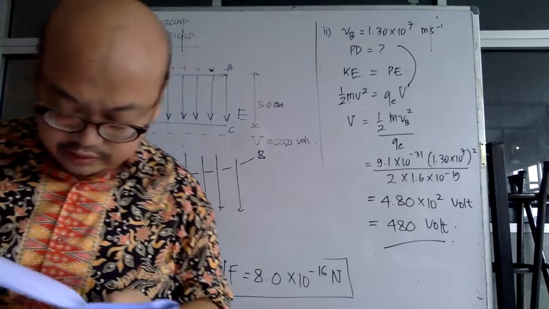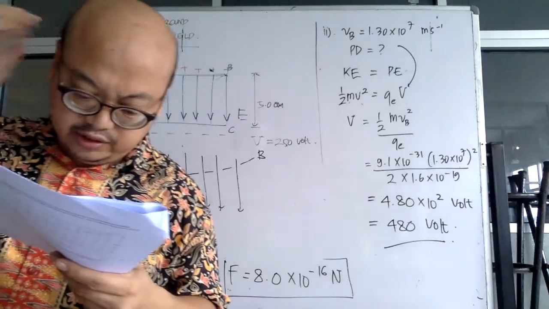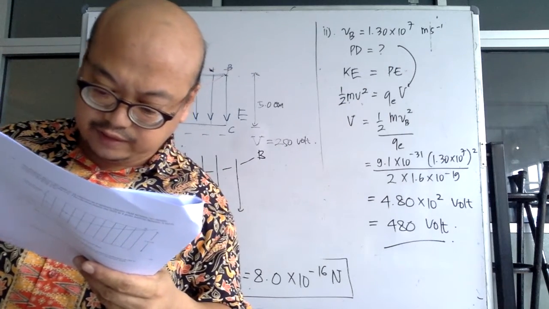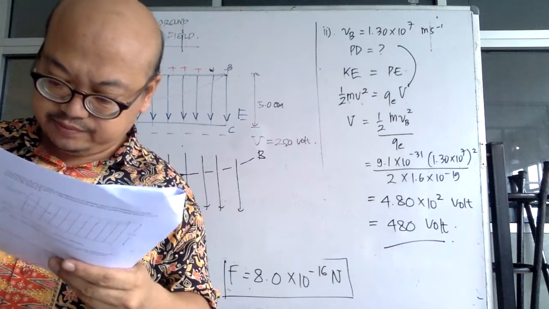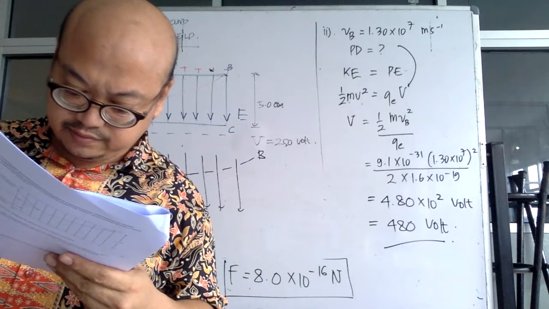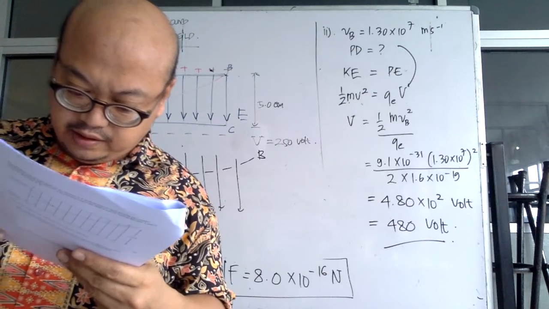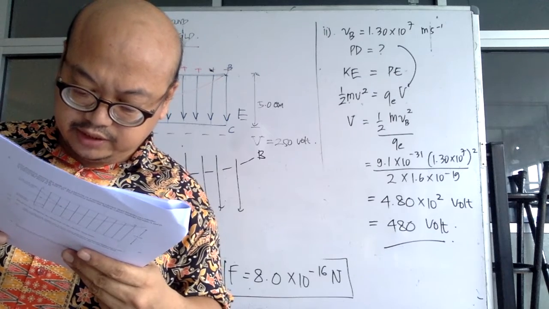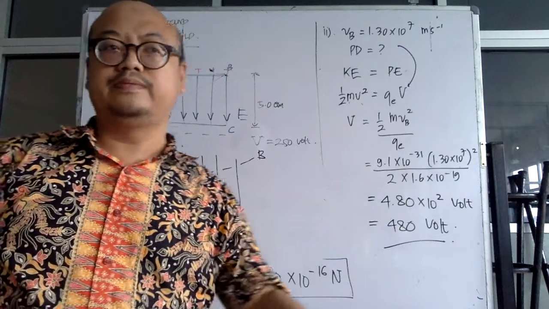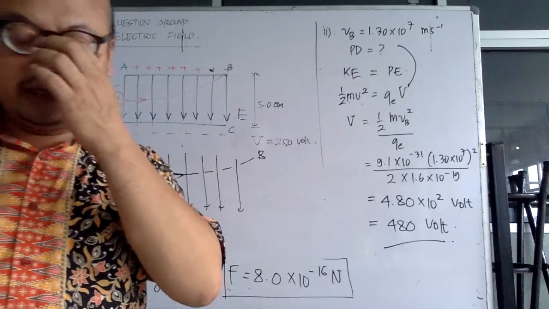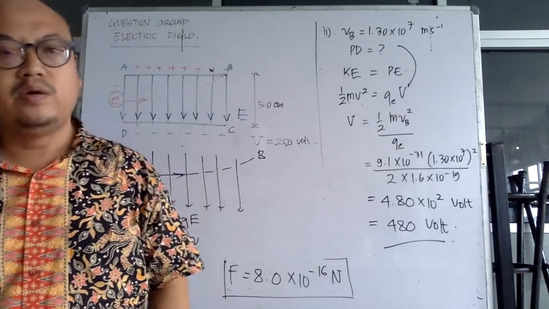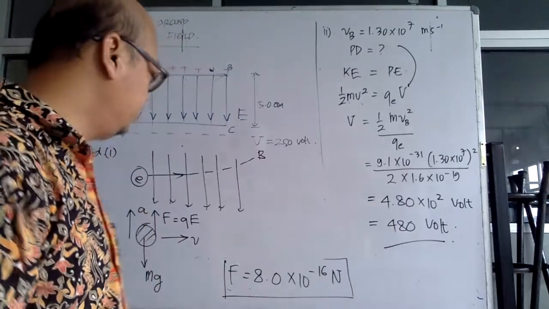then question II is, on your diagram label which electron has the faster speed? Actually at point B. Why point B?